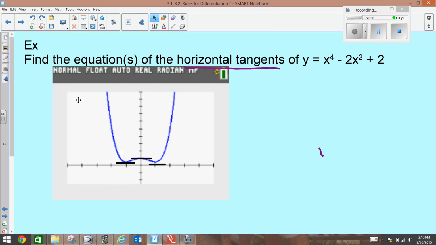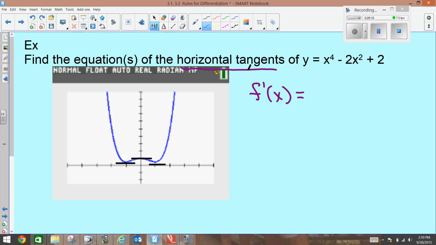Now, typically, we don't have a graph already done, but we're just kind of referencing. If you didn't have a graph, you can probably see where your horizontal tangents are, but the horizontal tangents are where f prime is going to equal, a horizontal tangent would mean the slope is 0. So we want to know where f prime is equal to 0.